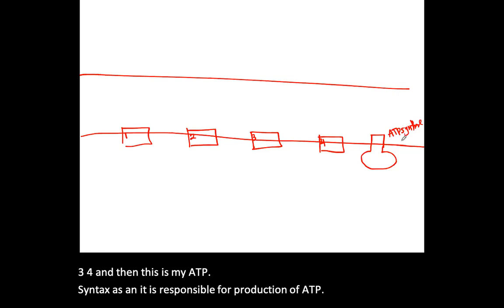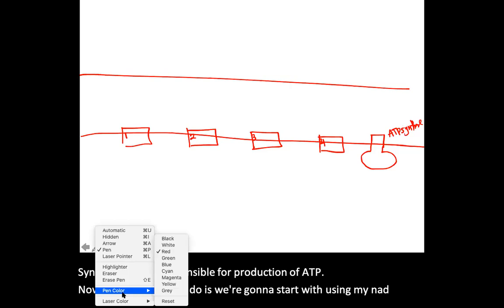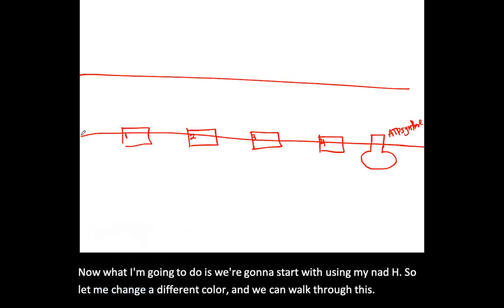Now, what I'm going to do is we're going to start with using my NADH. So let me change to a different color and then we can walk through this. So let's just start with our NADH.